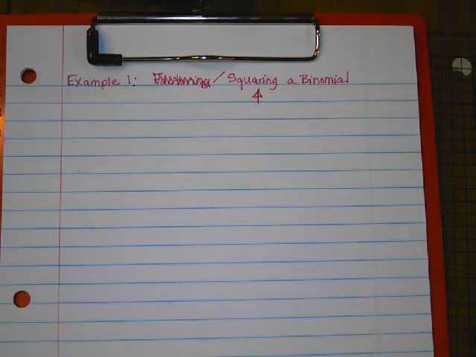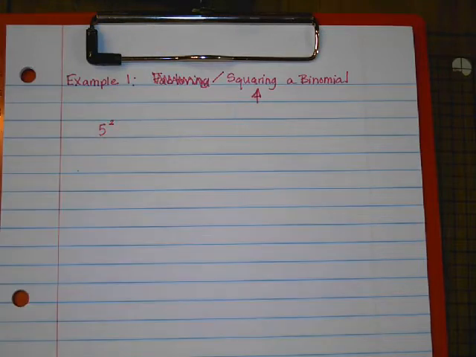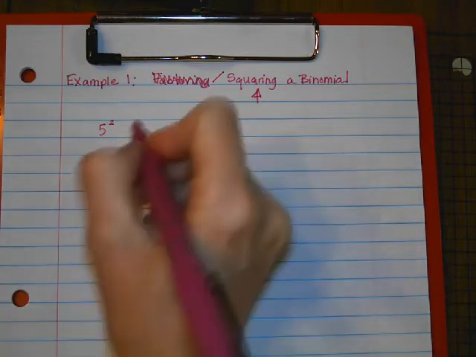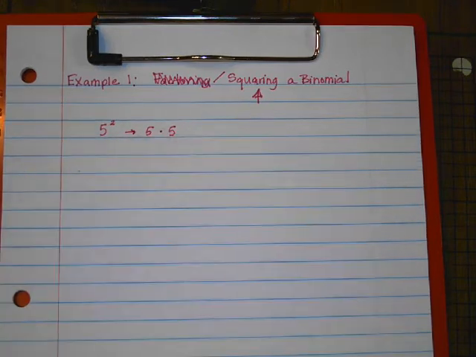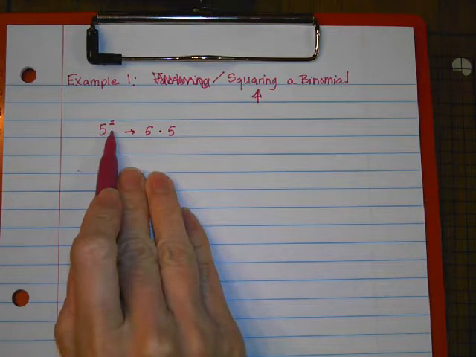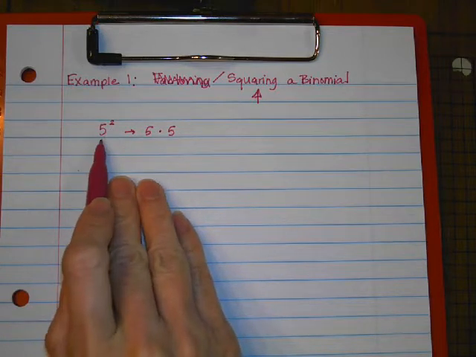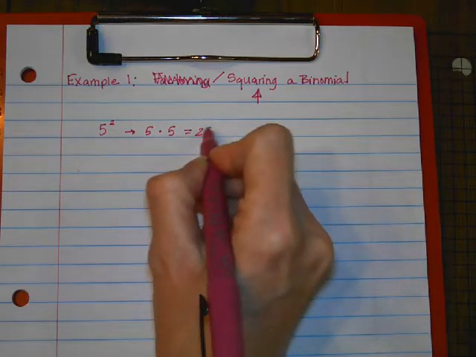All right, so before we talk about squaring a binomial, let's go ahead and talk about squaring anything. So let's suppose if we have 5 squared, literally, this means to take the 5 and multiply it by 5. So you have this exponent of 2 says we're going to take 2 of this base, 5, and multiply them together and would get 25.